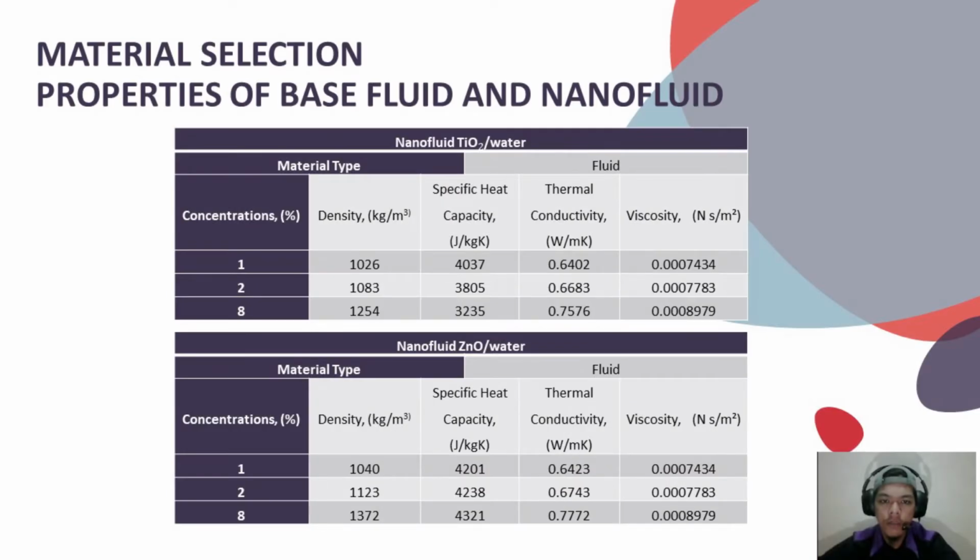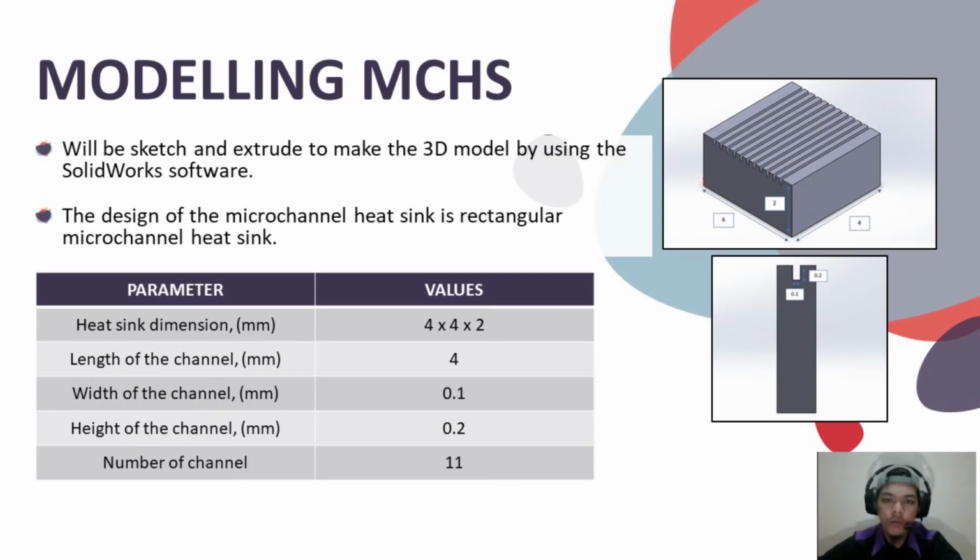Next, we go to material selection for base fluid and nanofluid. For this simulation, I use TiO2 water and ZnO water, which is nanofluid zinc and nanofluid titanium. Then we go to modeling.